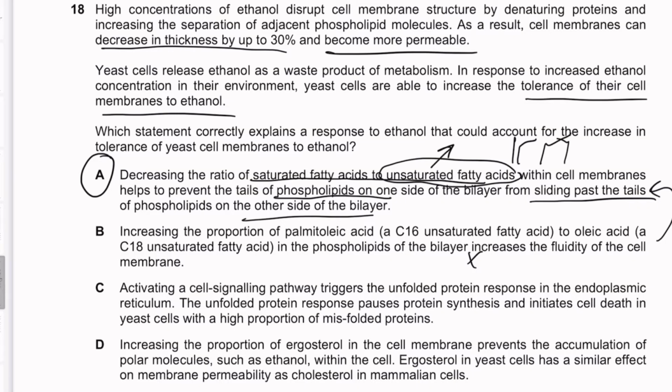So if you increase the proportion of ergosterol in cell membranes, it prevents the accumulation of polar molecules such as ethanol within the cell. Well, first off, there's something wrong right here. Polar molecules, ethanol. Ethanol is not polar, and hence D is wrong. Let's move on.